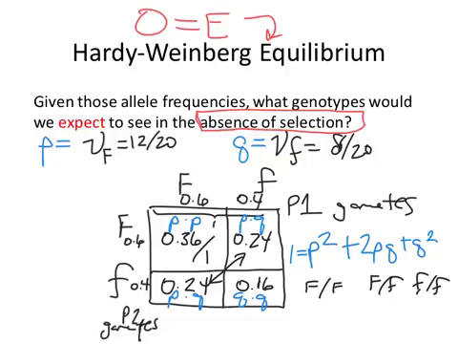If they're not, when the genotypes you observe do not equal what Hardy and Weinberg would have predicted, that means that natural selection is working.